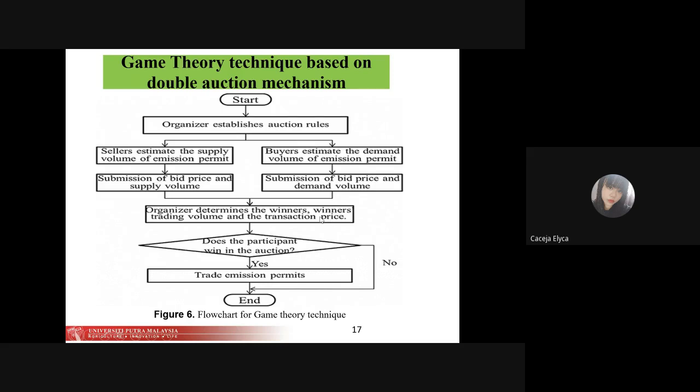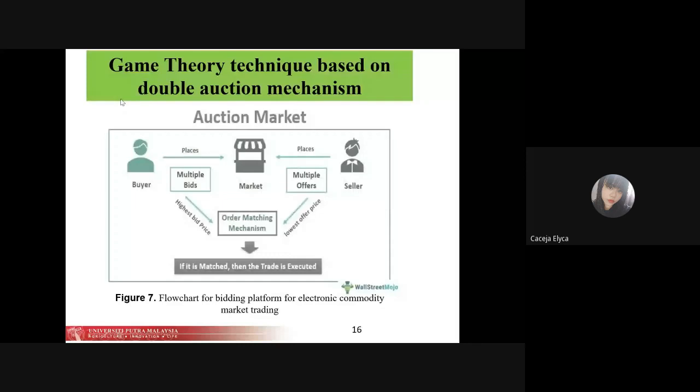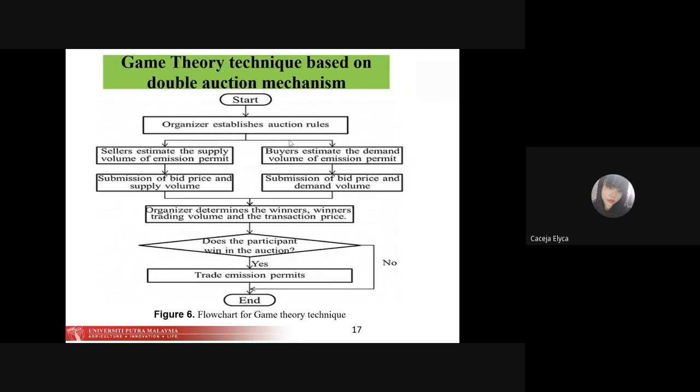The next is the result that I have done. For this one, I haven't done any application yet, because I am still studying the game theory technique and how to do the coding to make the app. But the idea is there.